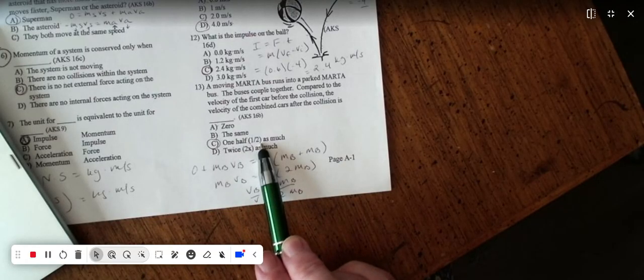The mass is going to be the two buses combined. So we've got first bus mass times velocity equals combined buses mass times velocity. And what they're asking is to compare the first bus velocity to the combined velocity, it's actually going to be 1/2 of what it was.